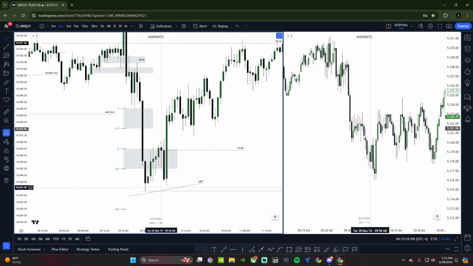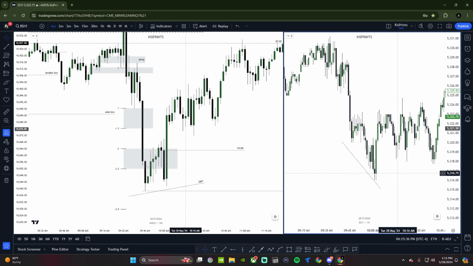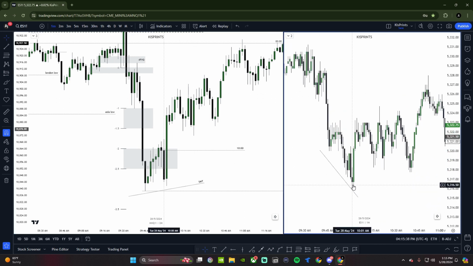NQ reaccumulated positions. ES actually did a stop run. It sought those stops, those positions, while NQ didn't. Now this is the market tipping its hand to you, letting you know it's going to be reversing, right? Smart money reversal, smart money timing right here at 10:02.